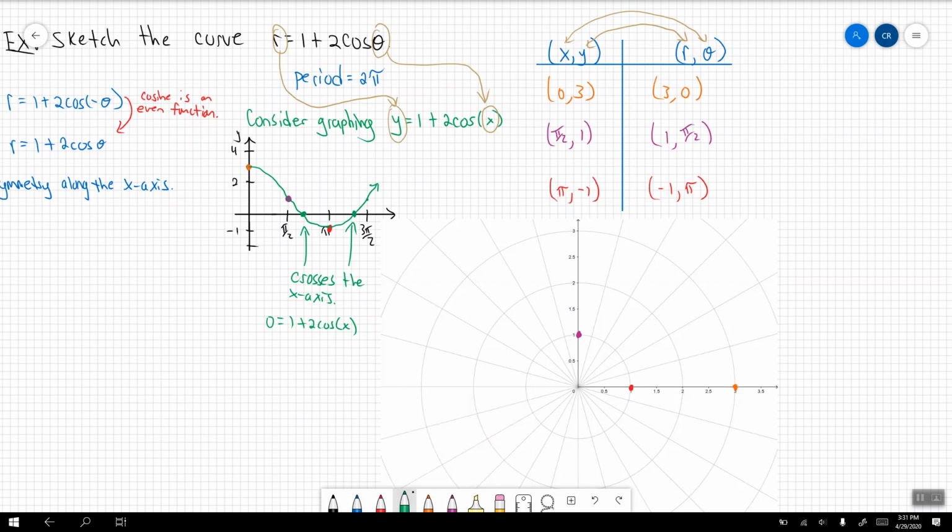What this means in polar form: every x-axis crossing means that the polar graph passes through the pole.